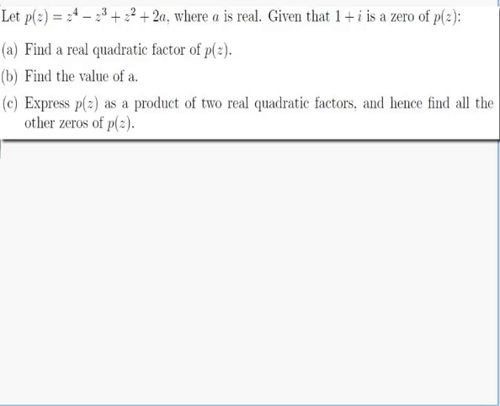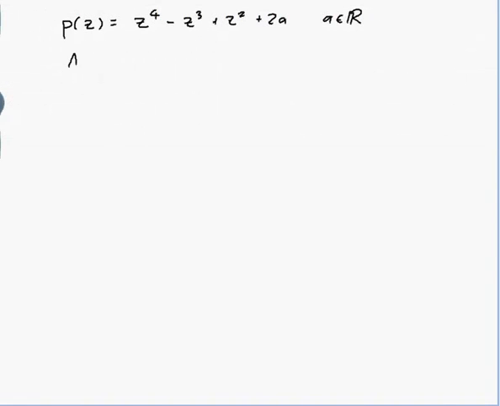Okay, well, what do we know about the polynomial P of Z? Well, the coefficients are 1, minus 1, 1, and 2A, and they're all real. So since all the coefficients are real, that means that the zeros are either real or come in complex conjugate pairs.